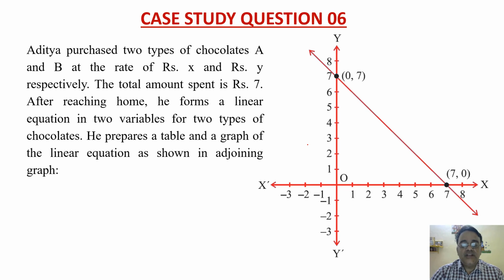Aditya purchased 2 types of chocolates A and B at the rate of rupees X and rupees Y. The total amount spent is rupees 7. After reaching home, he formed the linear equation in two variables for 2 types of chocolates. He prepares a table and a graph of the linear equation as shown in the adjoining figure. So based on this, now few questions are there.